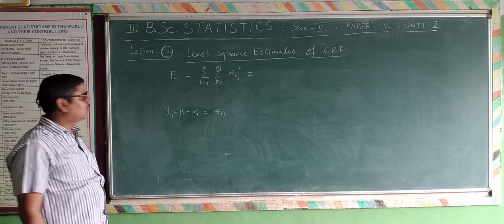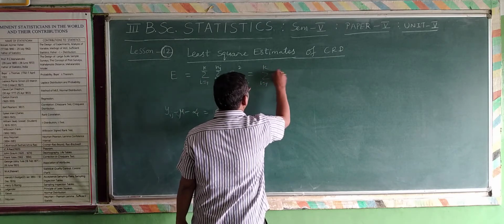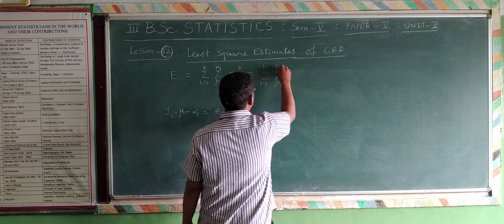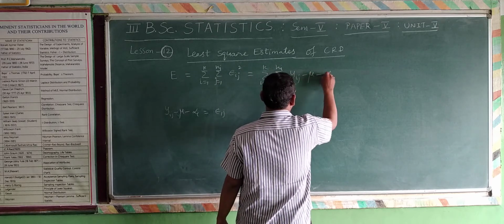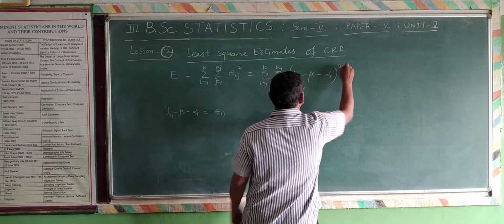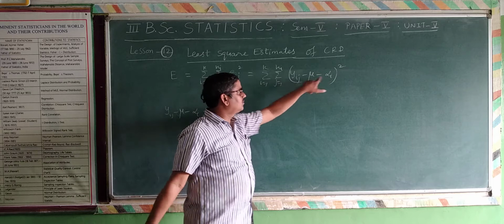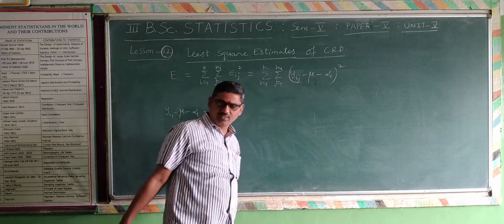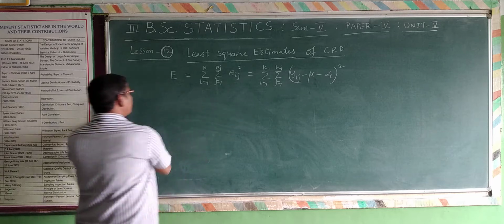So it is summation i equal to 1 to k, summation j equal to 1 to ni, Yij minus mu minus alpha i, the whole square. This is called the sum of the squares of the residuals, the sum of squares of the residual deviation. So this is the error component.